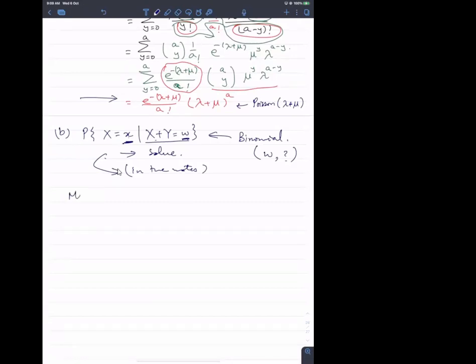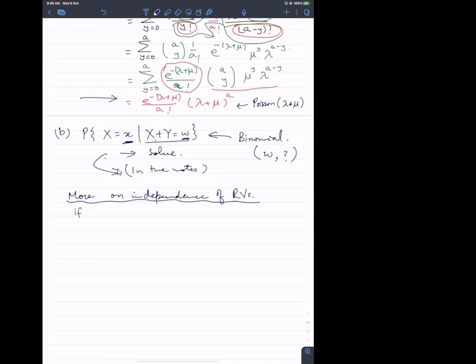So more on independence of random variables. So I'm stating this without proof, but the proof is extremely simple.